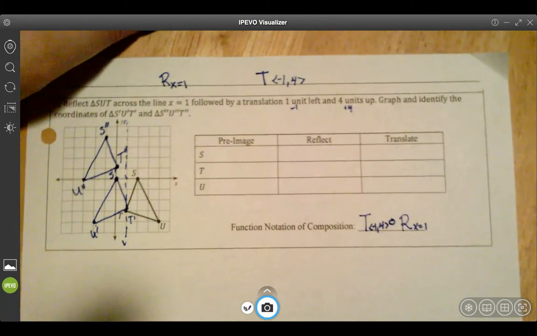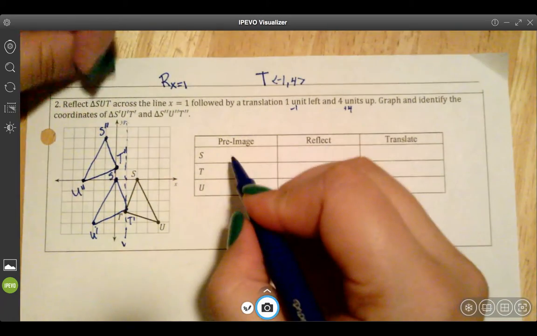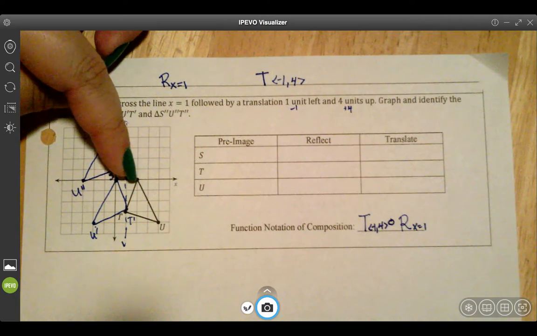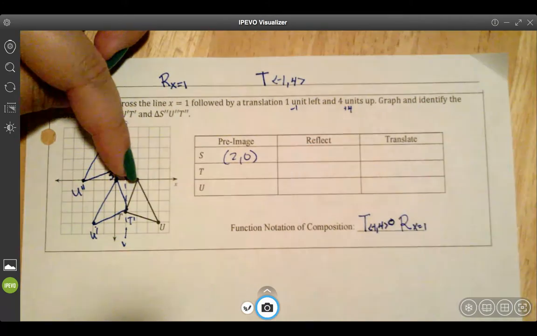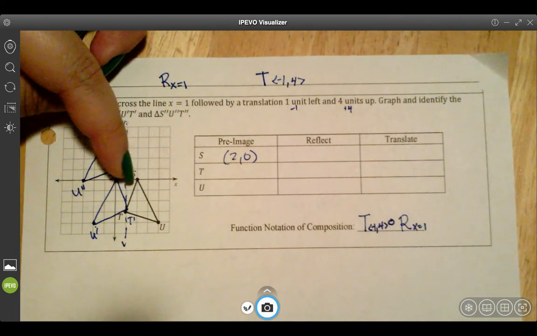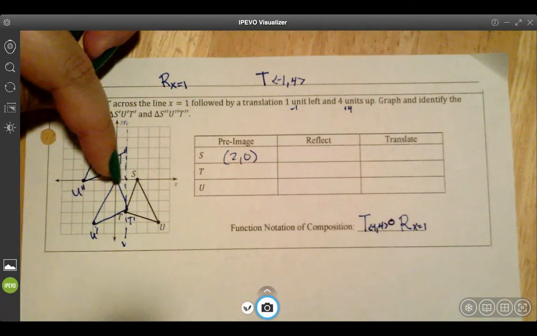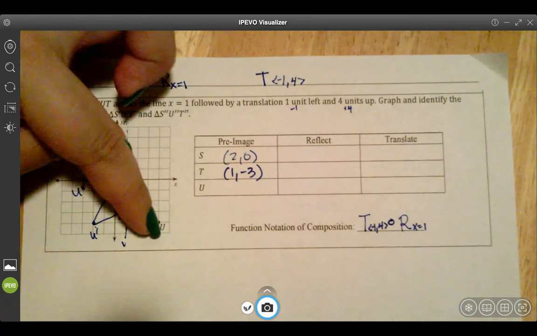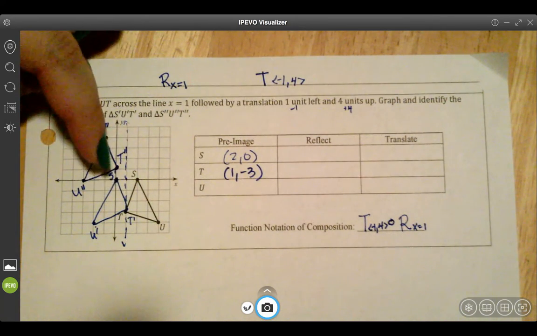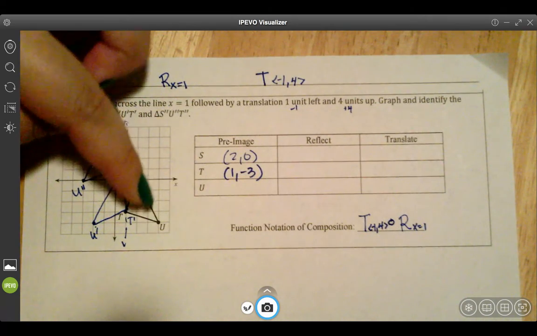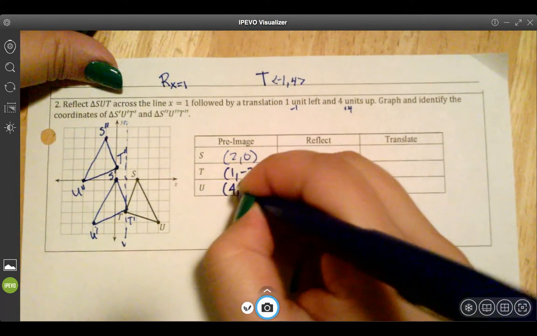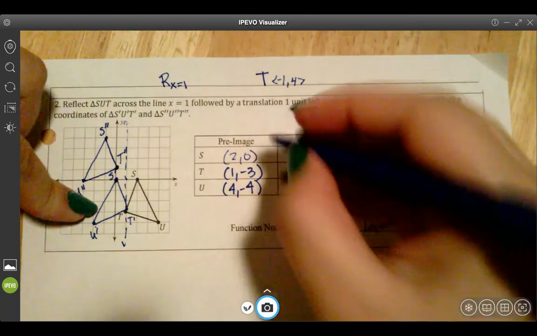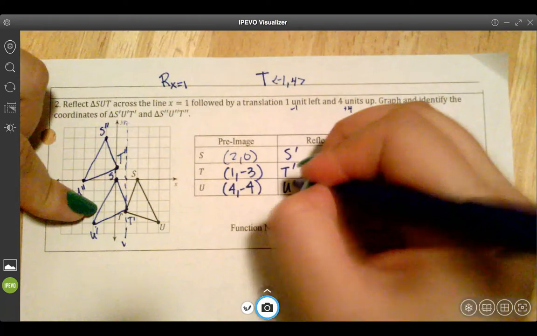And now let's fill in some of these coordinates. So our pre-image, the original S, starting from the origin, that is 2, 0. T from the origin is 2, -1, -3. U from the origin, that is 2, 4, -4. And then after the reflections, we get S prime, T prime, U prime.